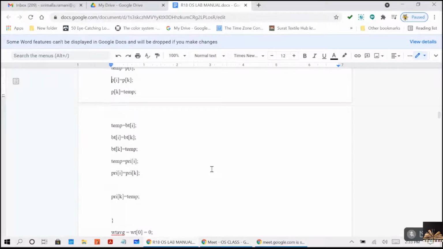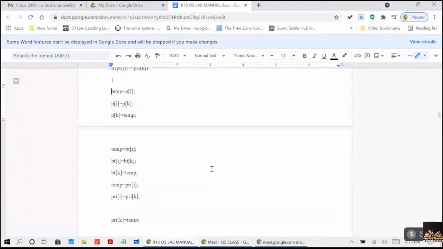See the code here. I am putting P of I in temp, P of I equal to P of J, P of K equal to temp. That is over. Then I am arranging the burst times according to their jobs.